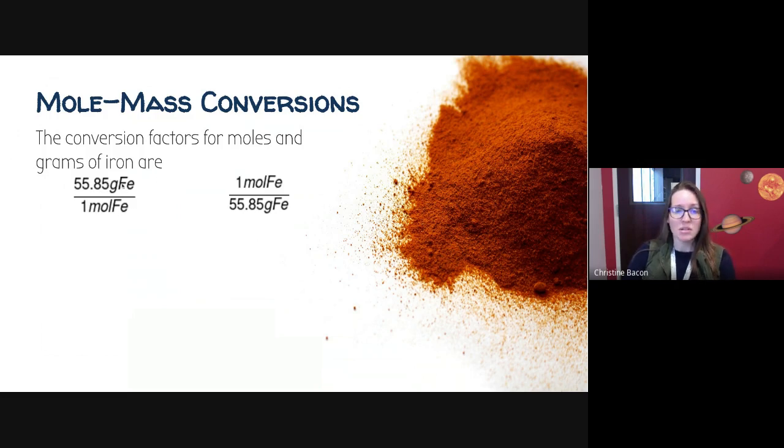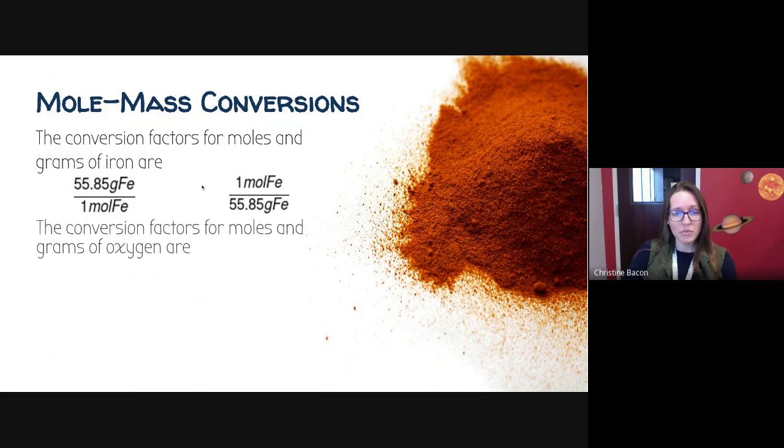55.85 grams. Another way to express that would just be flipping this ratio. So the conversion factors for moles and grams of oxygen are, remember, oxygen exists in a diatomic state. So we take oxygen's atomic mass of 16 and we multiply it by 2 because we're talking about a diatomic molecule here, okay?